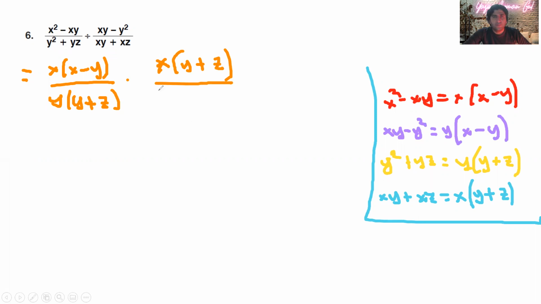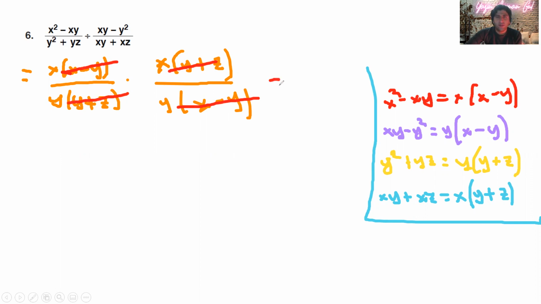That equals y times x minus y. Okay, let's see from here what we can cancel out. I see x minus y is here, and they will cancel each other. Y plus z is here, y plus z is here.